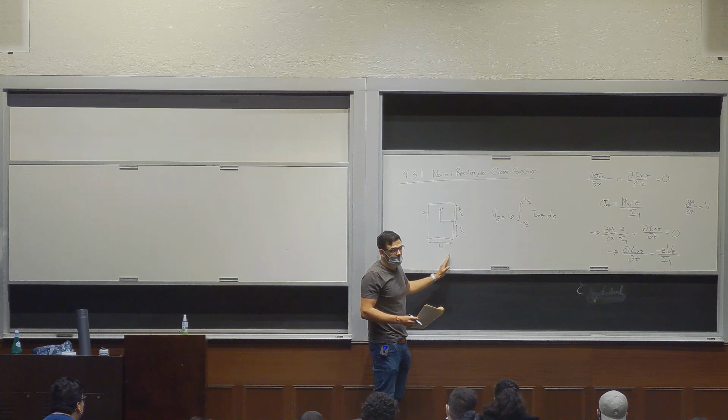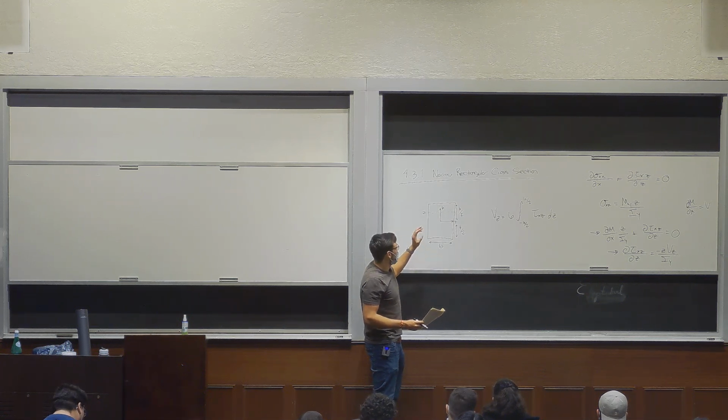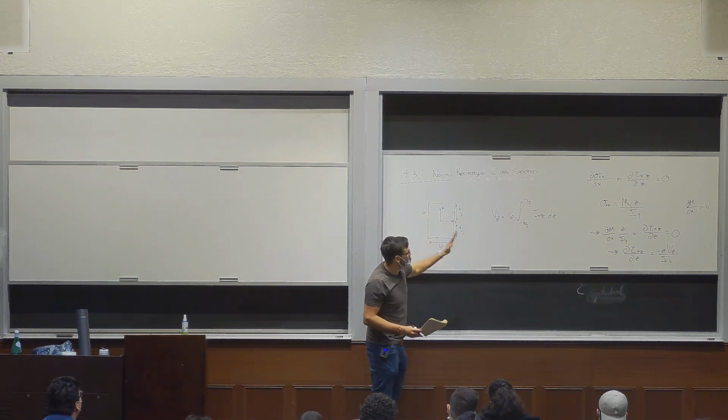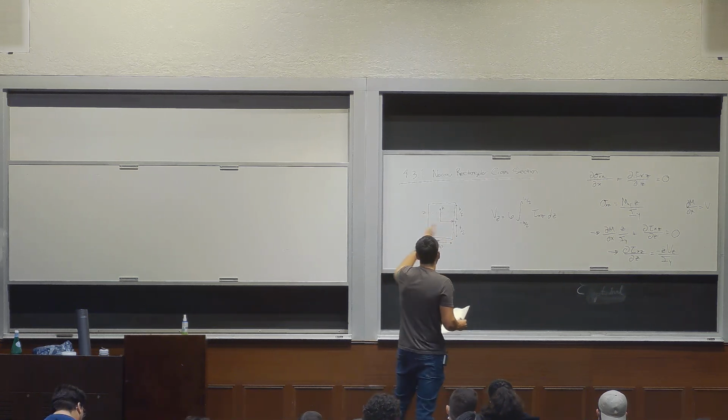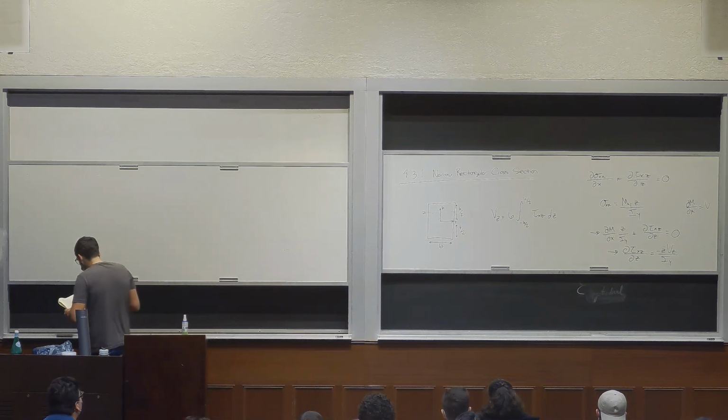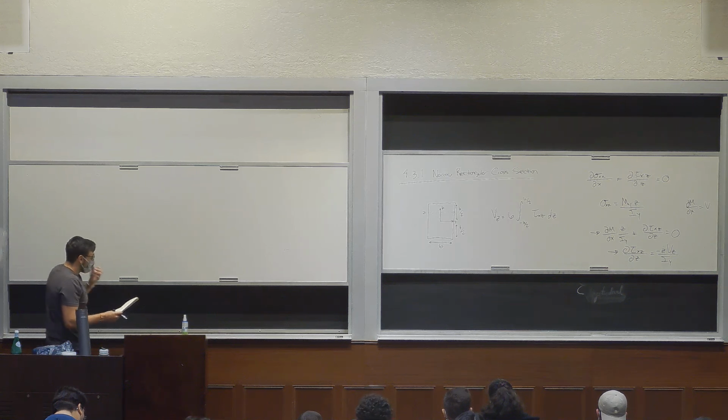It's constant, so it only varies with z. It might be large here, small here, whatever, but it's going to remain constant through the y dimension. That's the importance of this word narrow.